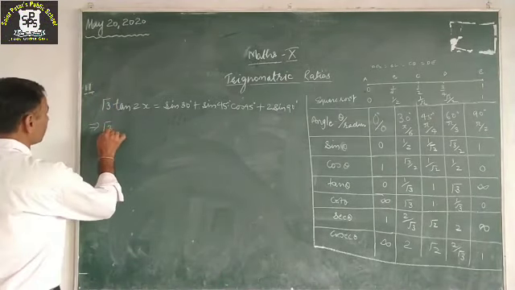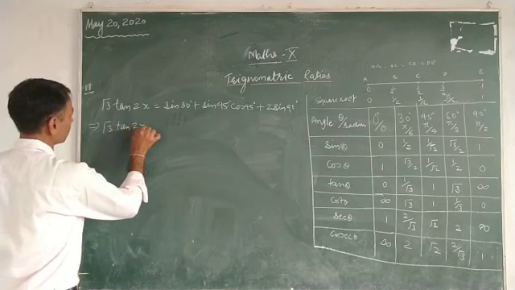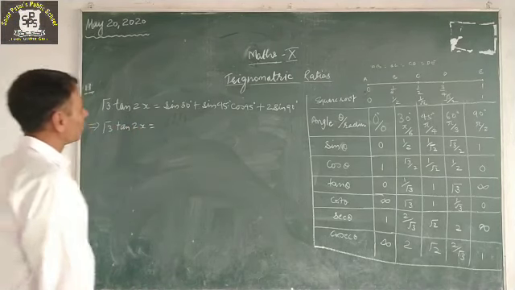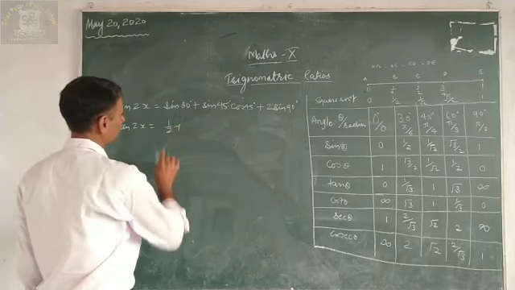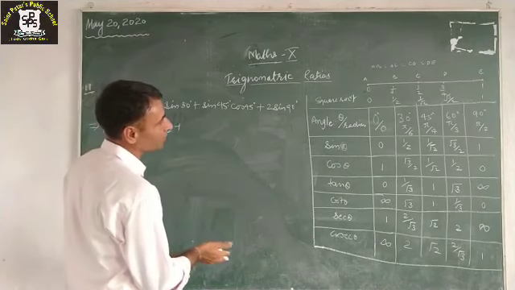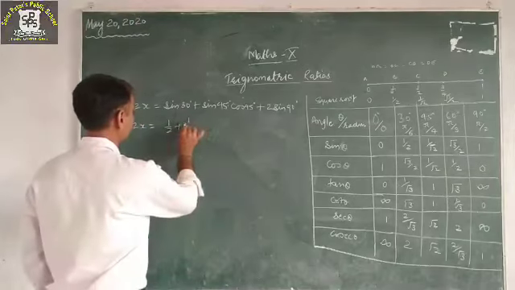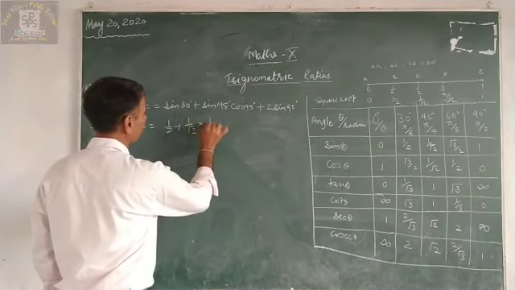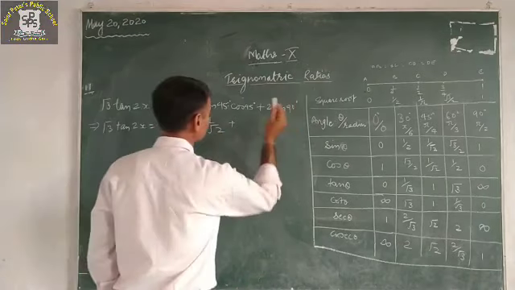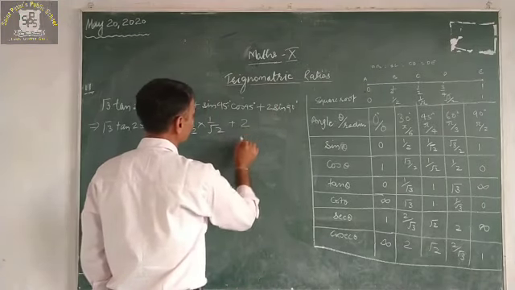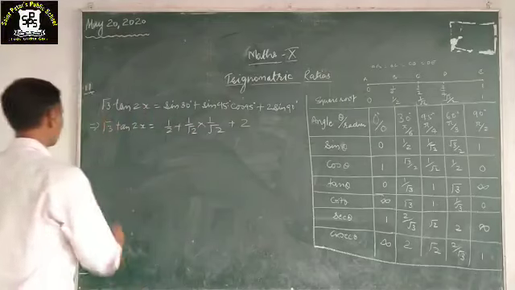So root 3 into tan 2x is equals to, the value of sin 30 degree is 1 upon 2 plus the value of sin 45 is 1 upon root 2. So 1 upon root 2 into 1 upon root 2 plus the value of sin 90 degree is 1 and 2 is the constant term, so it's 2 now.